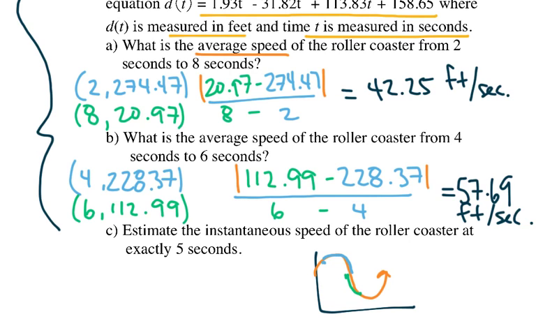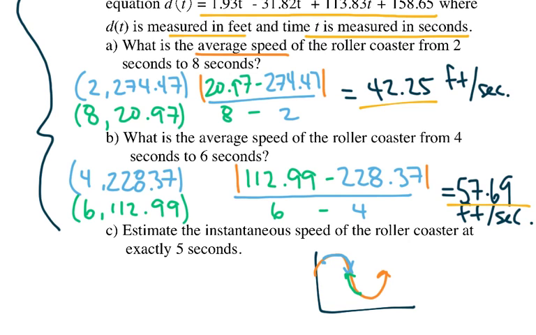Halfway between 2 and 8 is 5 seconds. If we keep calculating the slopes as we bring those points together, we're going to get closer and closer to the instantaneous speed at 5 seconds.